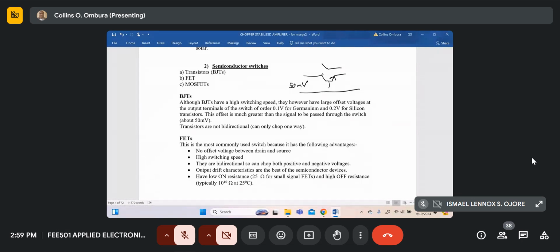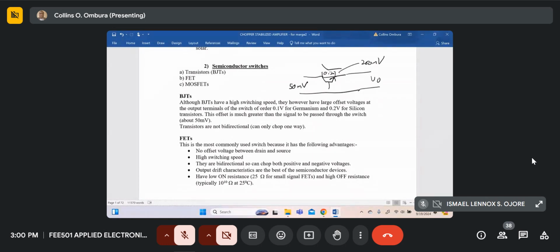Now if it's going to lose 0.2 volts across it, which is 200 millivolts, then you've lost all the signal. Nothing is going to come out over here. The voltage at the output of your switch will be 0. So when the transistor is on, it will drop 200 millivolts across it. So if you're putting 50 millivolts on the other side of the switch, nothing is going to come out.